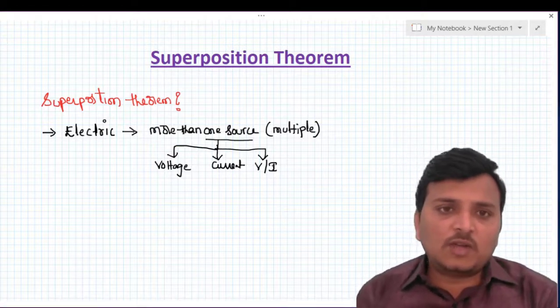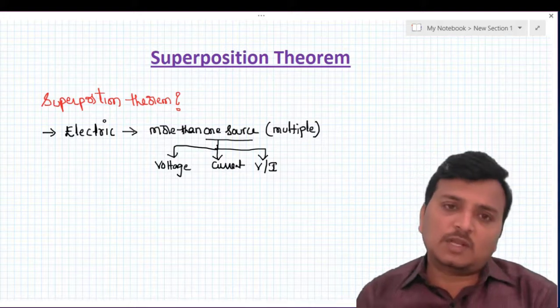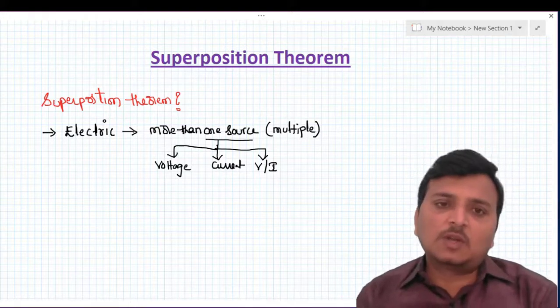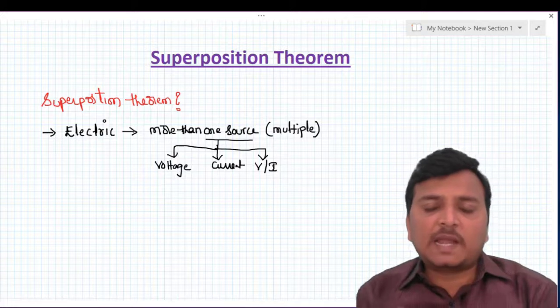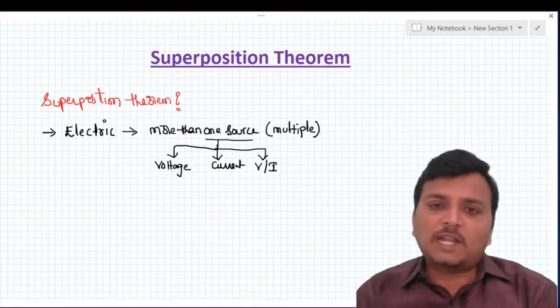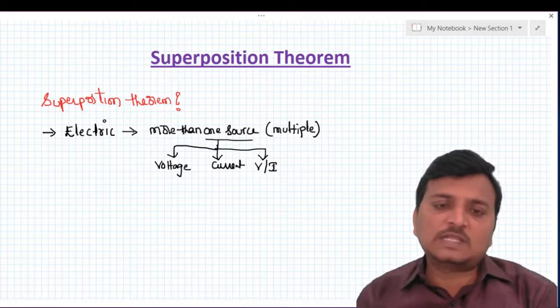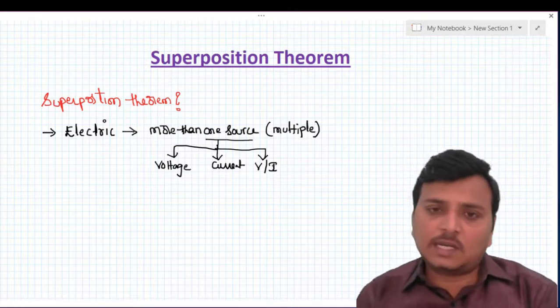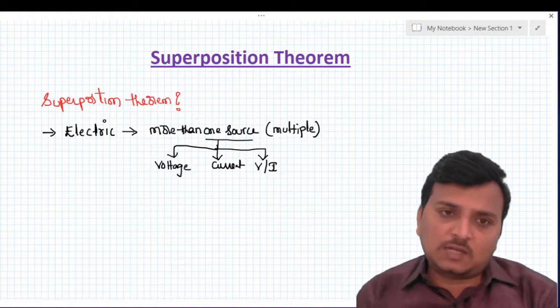So this is the first point to know about the superposition theorem. Normally, it is applied when you have more than one source, or multiple sources, in your electrical circuit, which may be voltage sources, current sources, or both voltage and current sources.